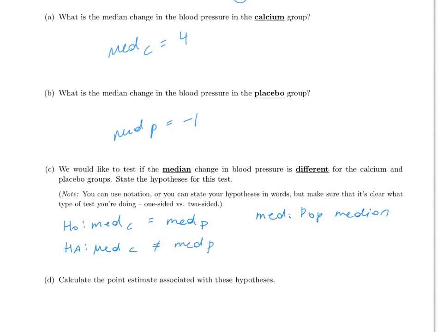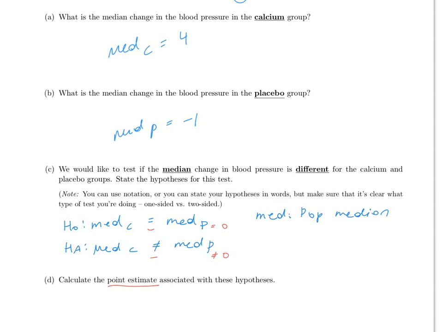Then what is the point estimate associated with these hypotheses? When we're doing a comparison like this between two groups, another way you can think about writing these hypotheses, and either way is fine, is that the difference is equal to 0 and the difference is not equal to 0, right? One advantage of thinking that way is that it becomes very clear what the point estimate is, because you know exactly what the parameter you're looking for is.